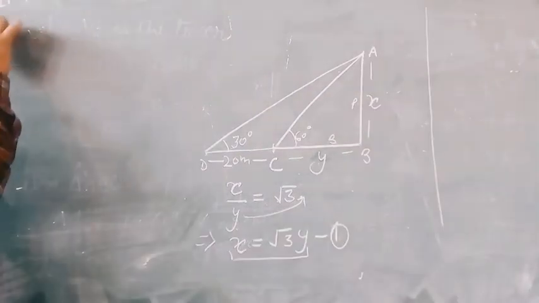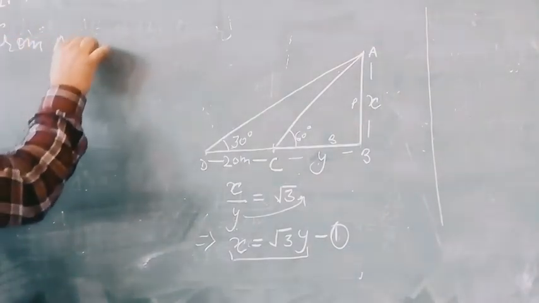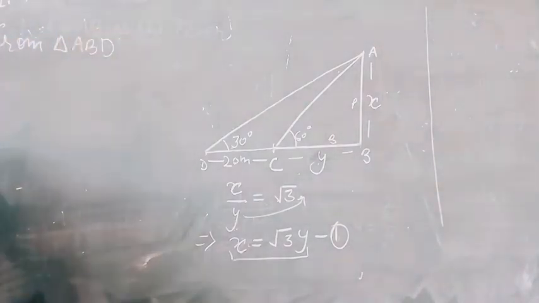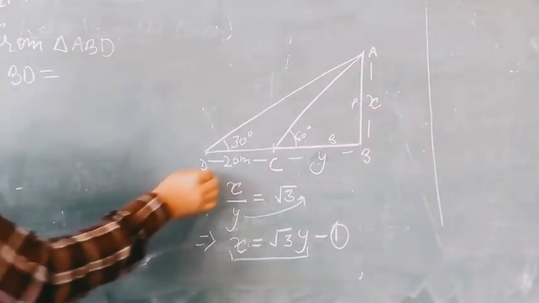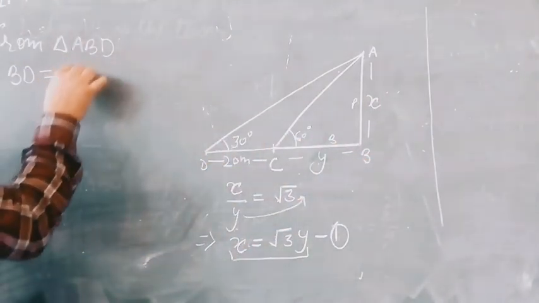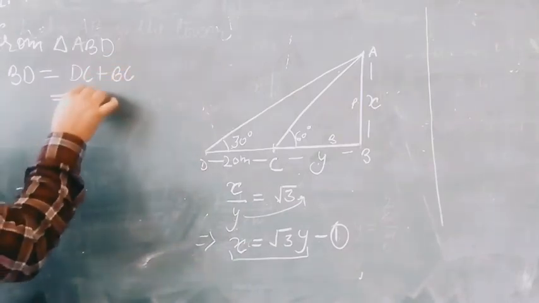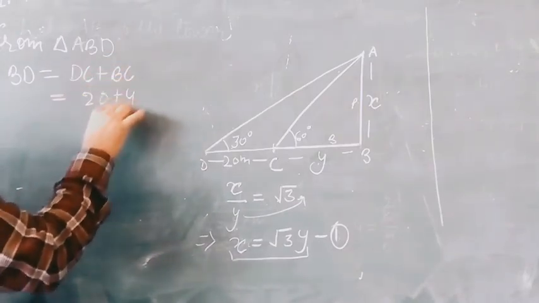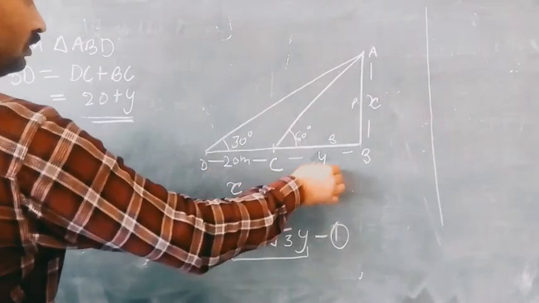Now let us see the other triangle, that is from triangle ABD. We have BD equals to DC plus BC. DC is 20 meter and BC is y, so it will be equals to 20 plus y.